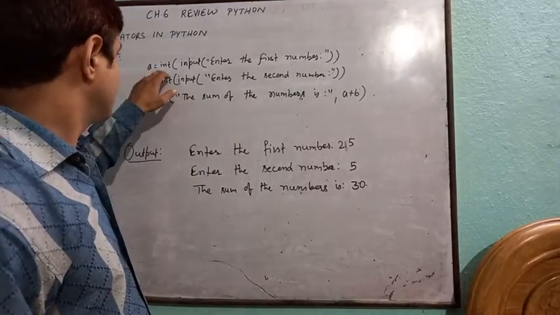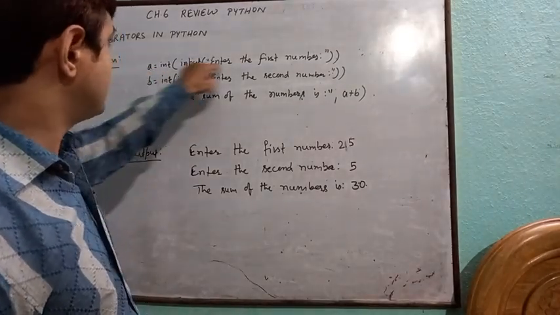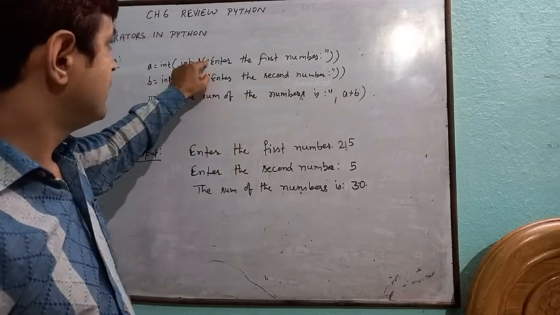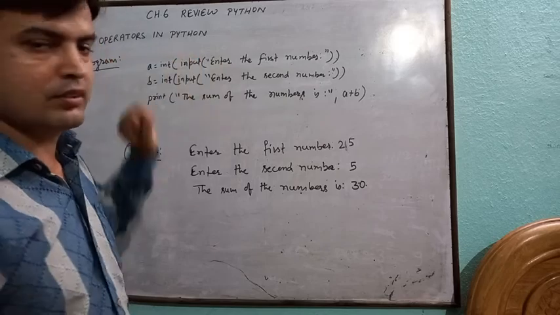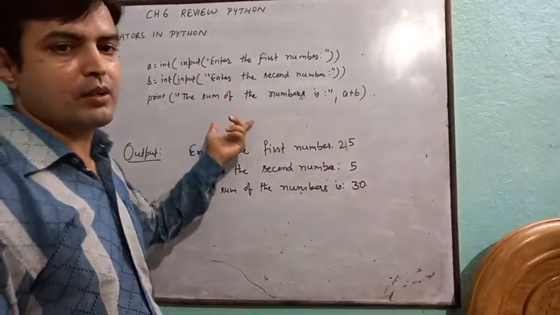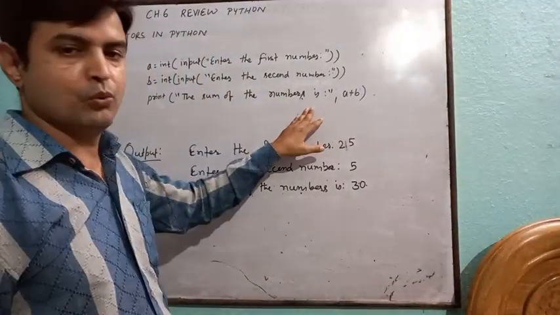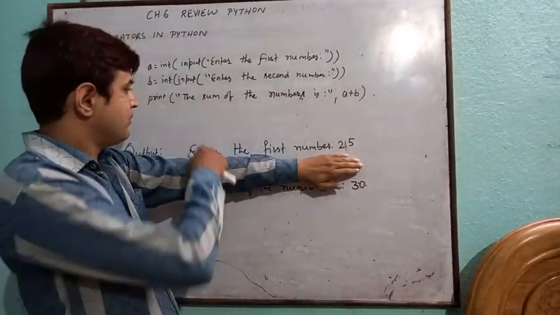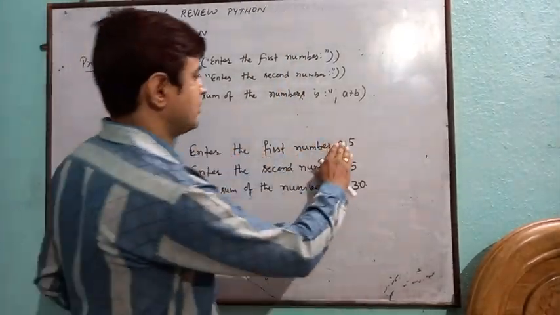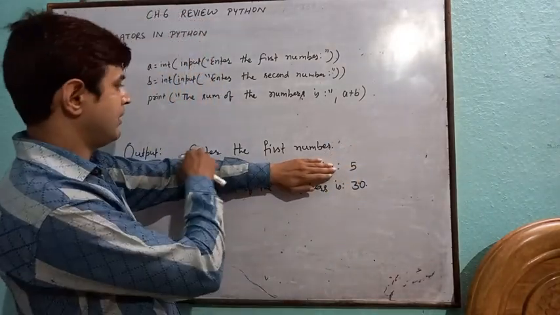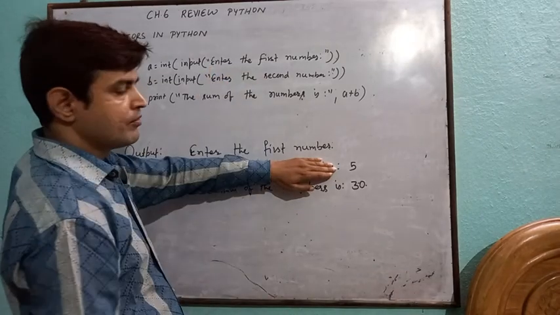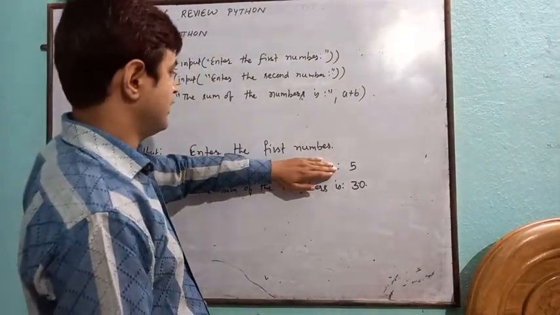So when the compiler faces this statement, it prompts a message that we have written inside the double quotes. So when we run the program, that is after writing this code, when we press the F5 key, this message will be displayed on the screen.